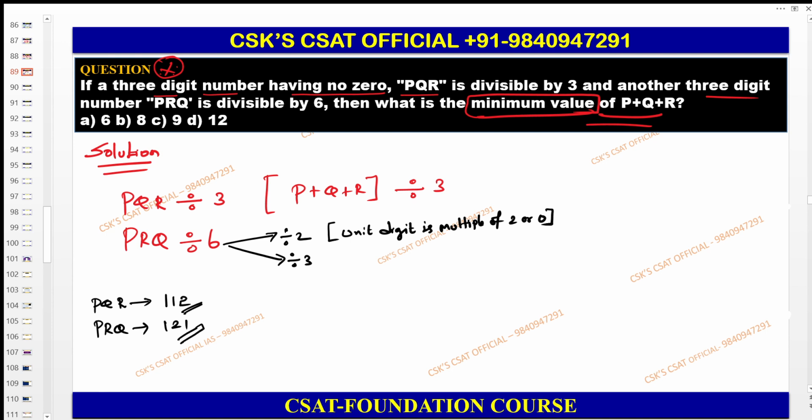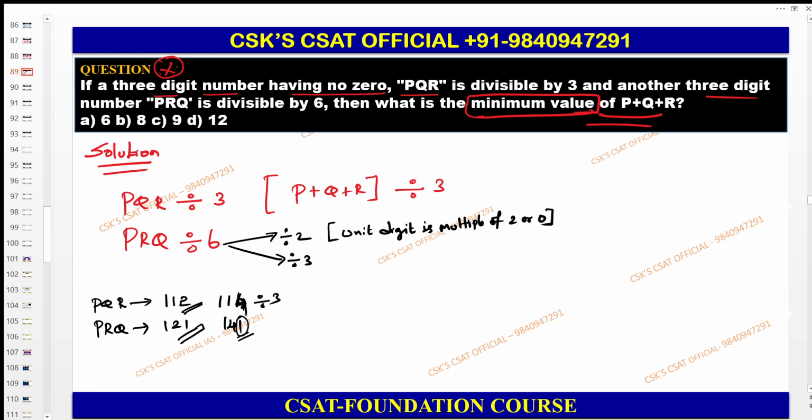Let us take another one, 114. Since you are adding these digits, you will get a 6, so this condition is satisfied. But when reversing to PRQ, this condition fails, since in order to be divisible by 6, the unit place has to be even and the total number has to be divisible by 3.